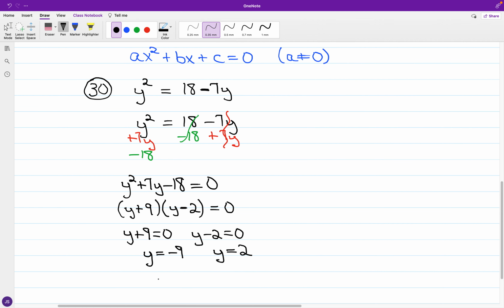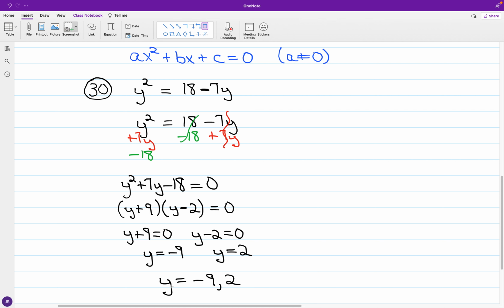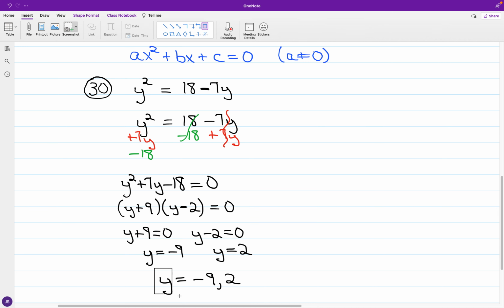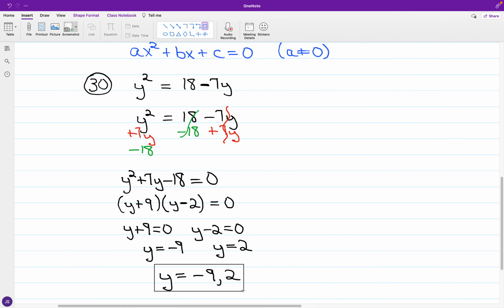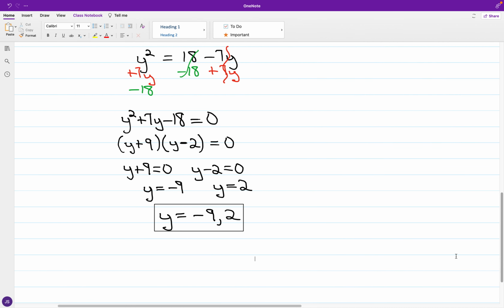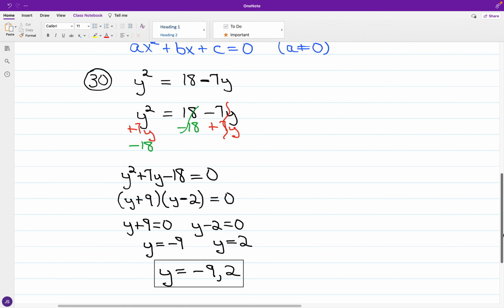So for number 30, y has a couple of solutions. This is another case of a conditional with two solutions, true as long as y is equal to negative 9 or positive 2.